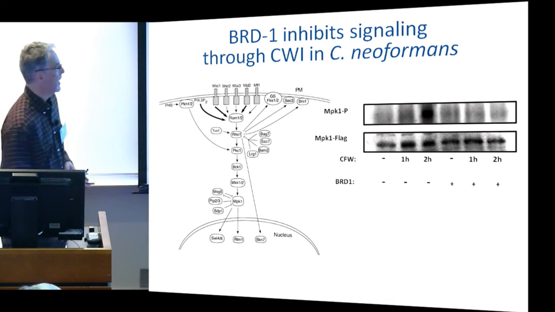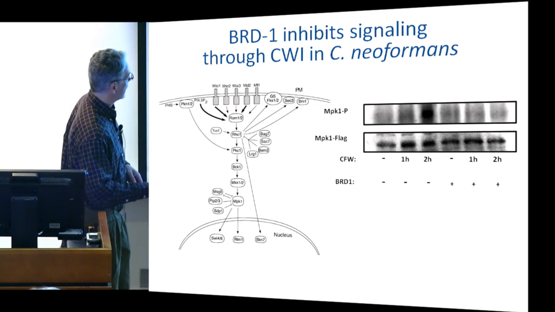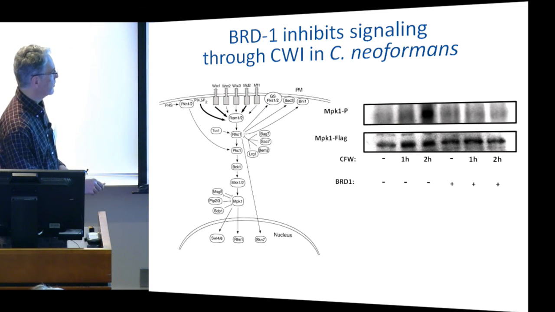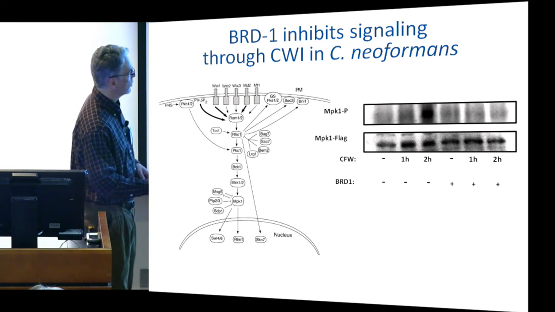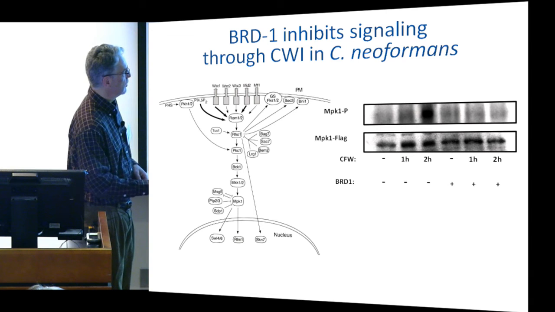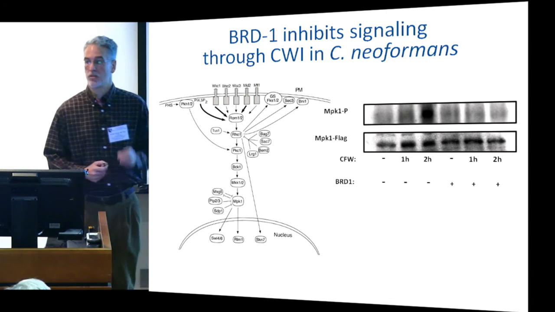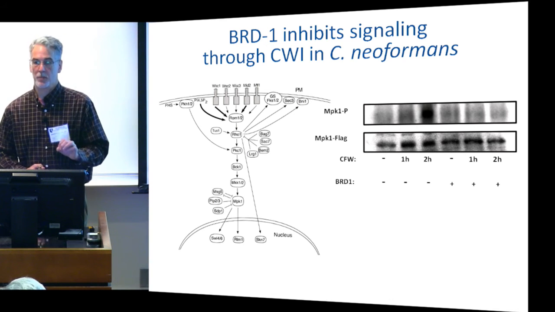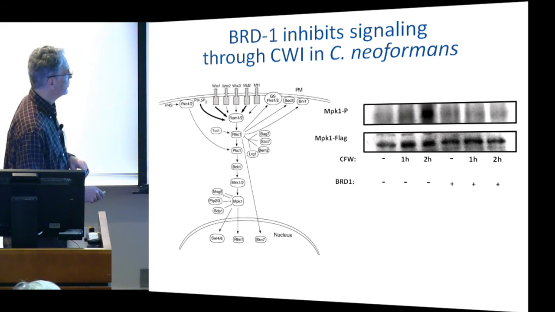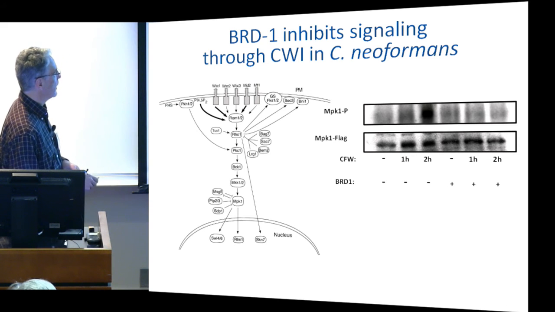And so to test that, here's MPK1, which is the bottom MAP kinase of the cell wall integrity pathway. When you add calcofluor white, you get phosphorylation of MPK1, as you can see here. When we do the same thing in the presence of our drug, we don't see phosphorylation. So we're inhibiting the activity of this pathway. We've done a few experiments to say where in the pathway we are inhibiting this.